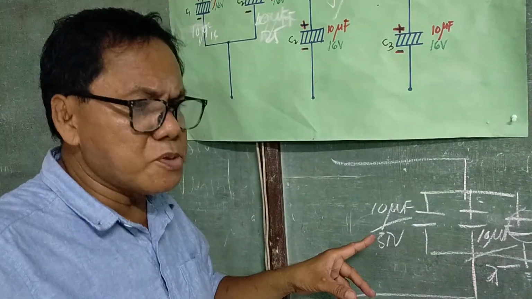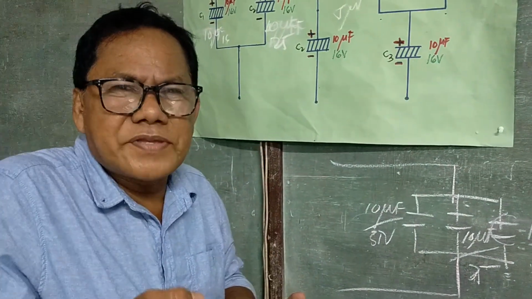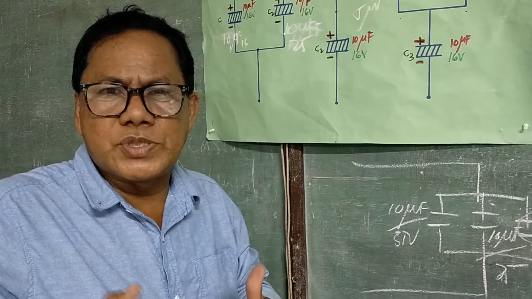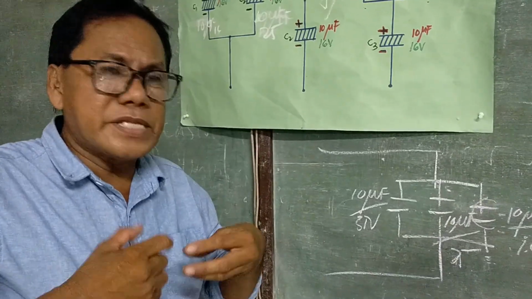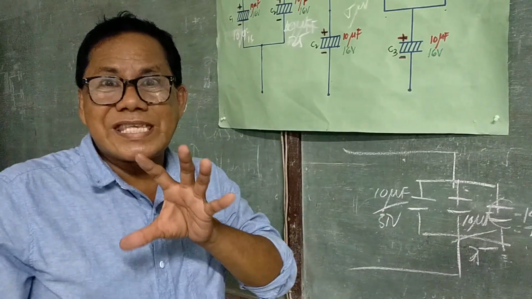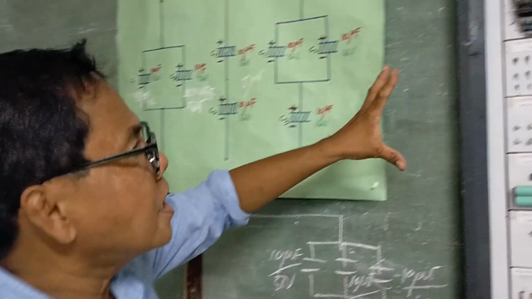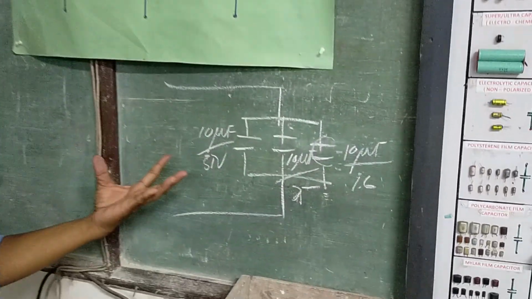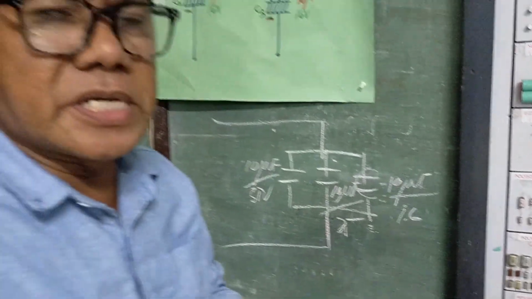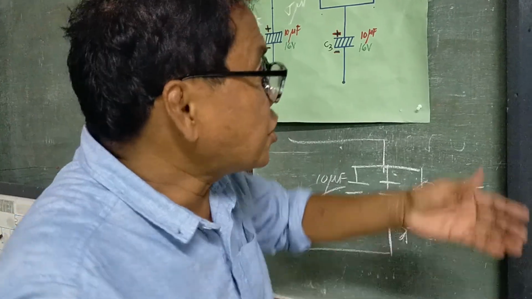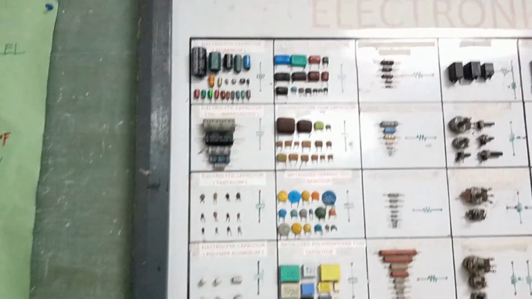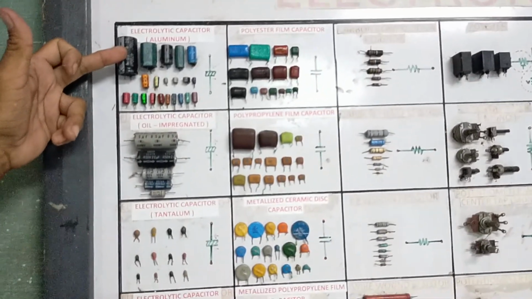So meaning to say, the working voltage here is very important. It is the dielectric strength of a capacitor. That is the ability of this capacitor to withstand the applied voltage. So what is that dielectric strength? Dielectric, the other term is insulator, which is used by these capacitors. What is the dielectric material of this?